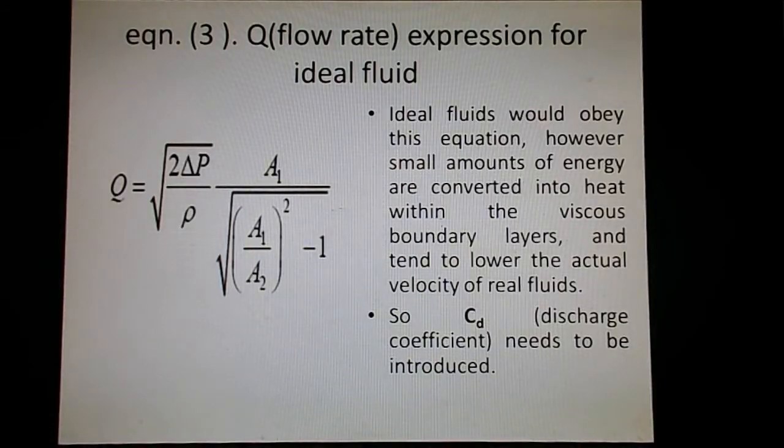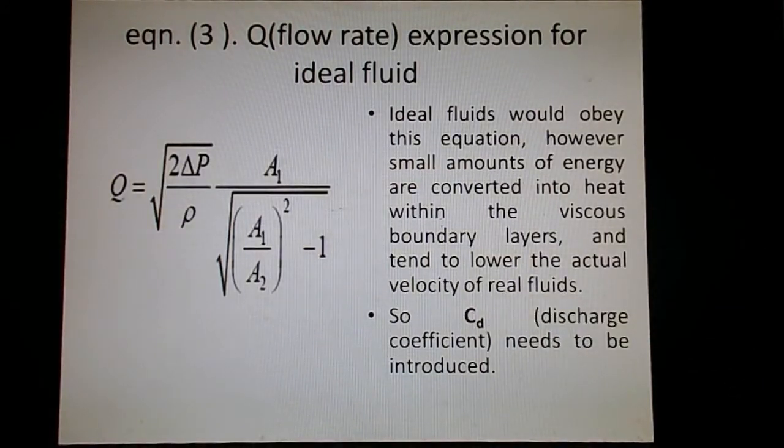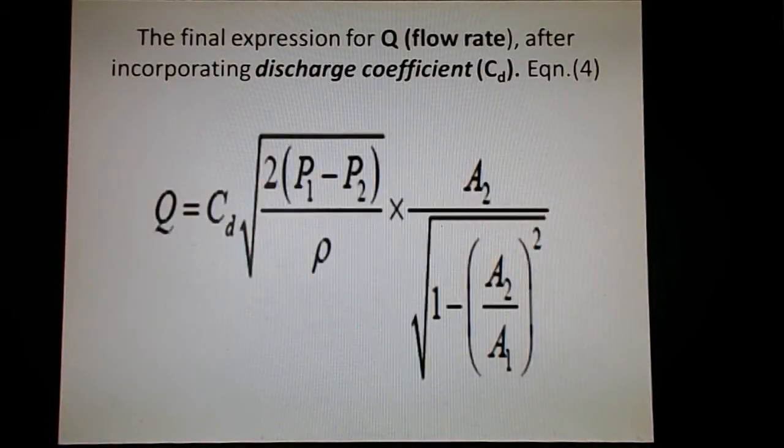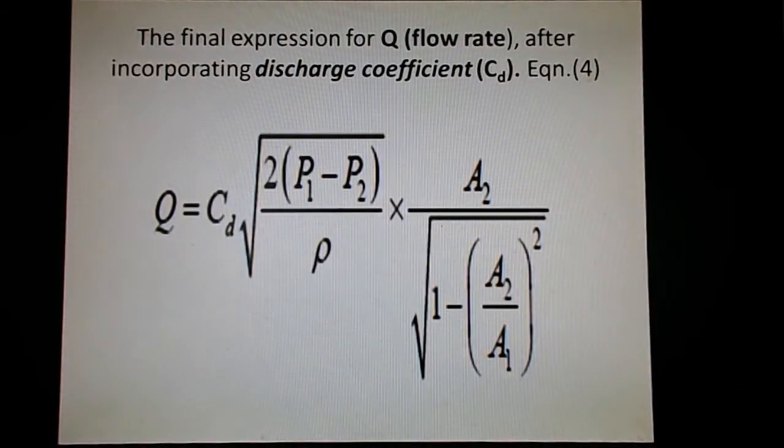So one factor because of which coefficient of discharge, that is C subscript D, is to be introduced. So this is the equation in which we have used coefficient of discharge C subscript D.